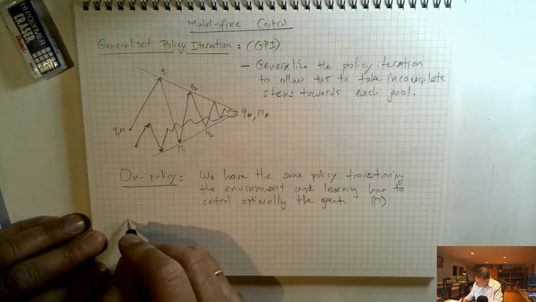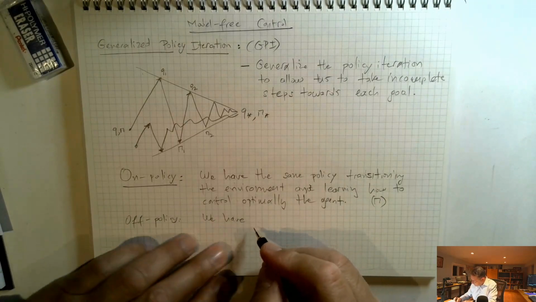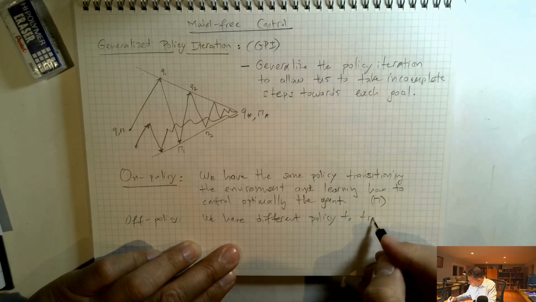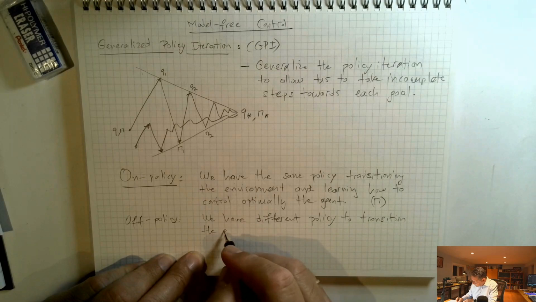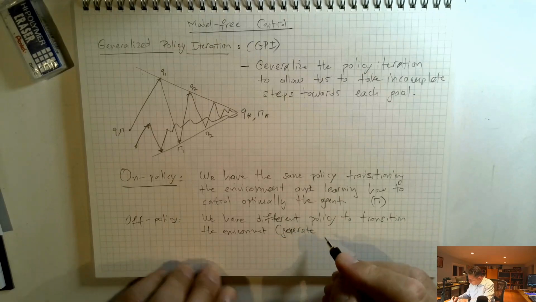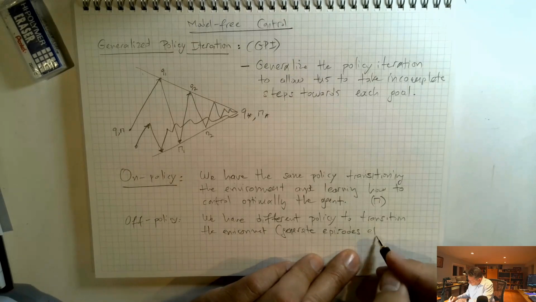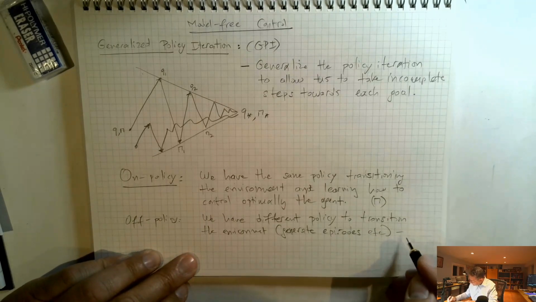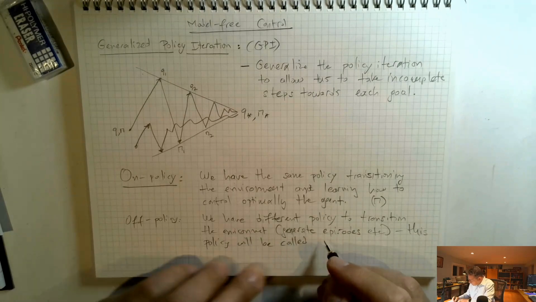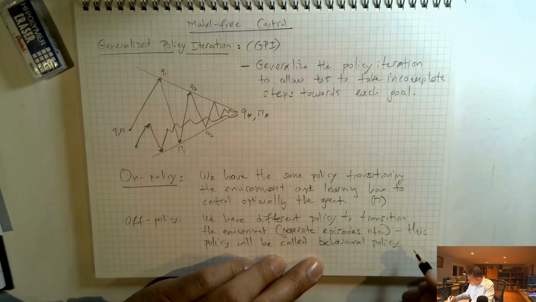And to contrast that, we have the so-called off-policy methods, where we have a different policy to transition the environment and therefore generate trajectories, sort of episodes, etc. This policy will be called the behavioral policy and will be symbolized by mu.